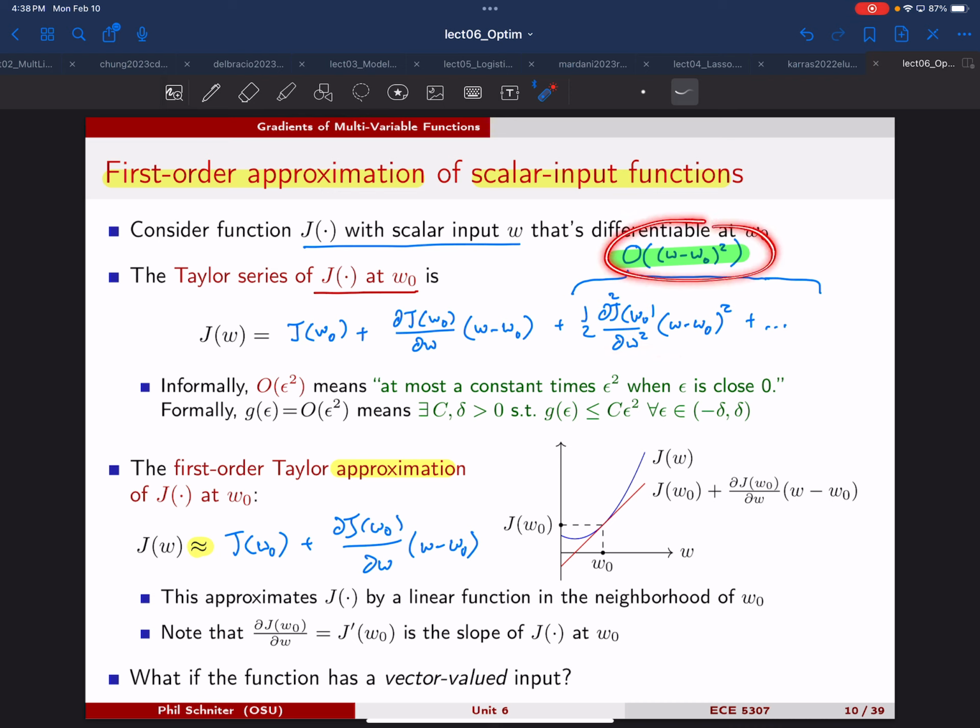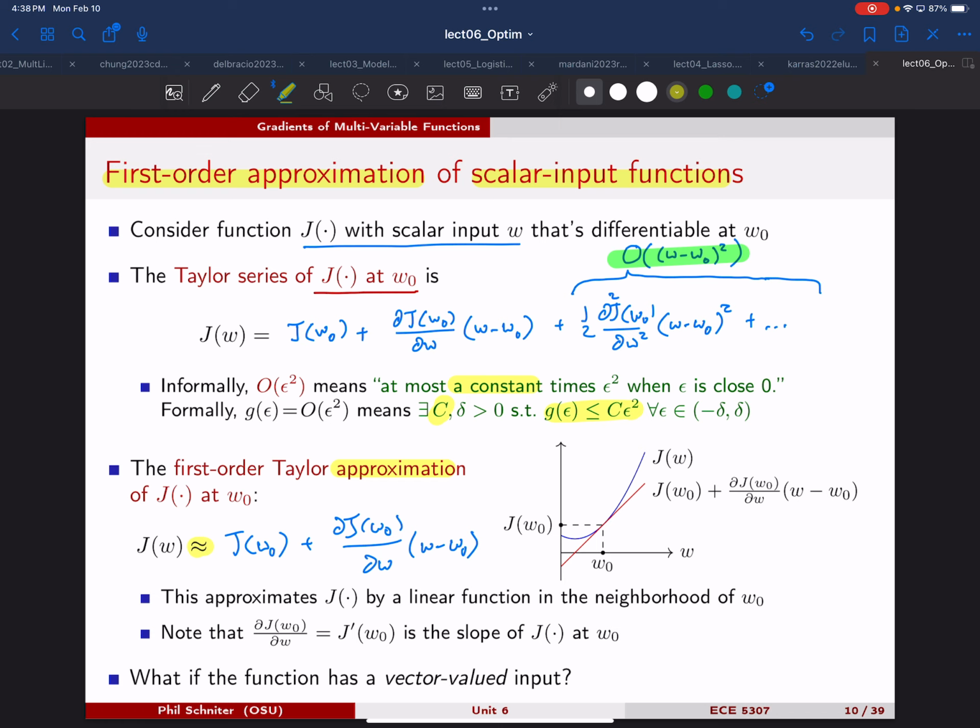We just know that this is no bigger than a quadratic with some constant C. So this is the bound. We don't know what that constant is, but we know that there is some constant out there. So we'll see some examples in a couple slides. Okay. Any other questions for now?